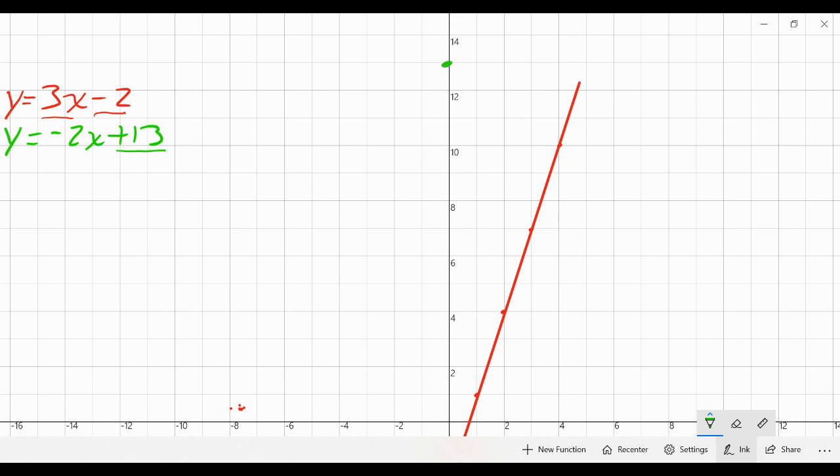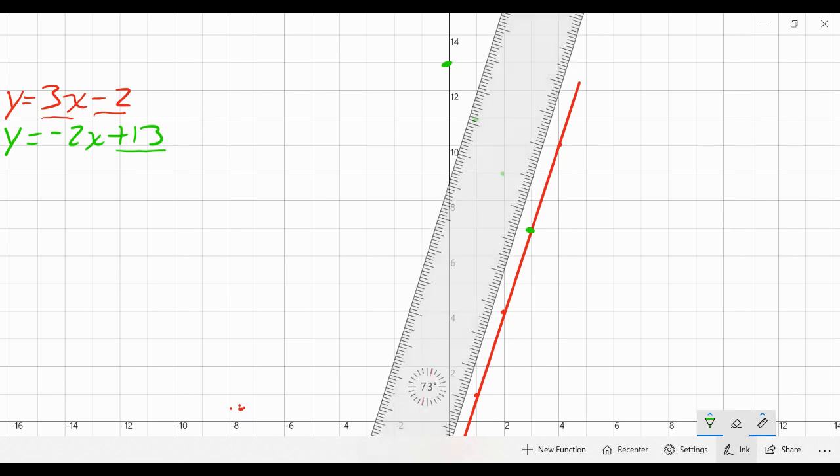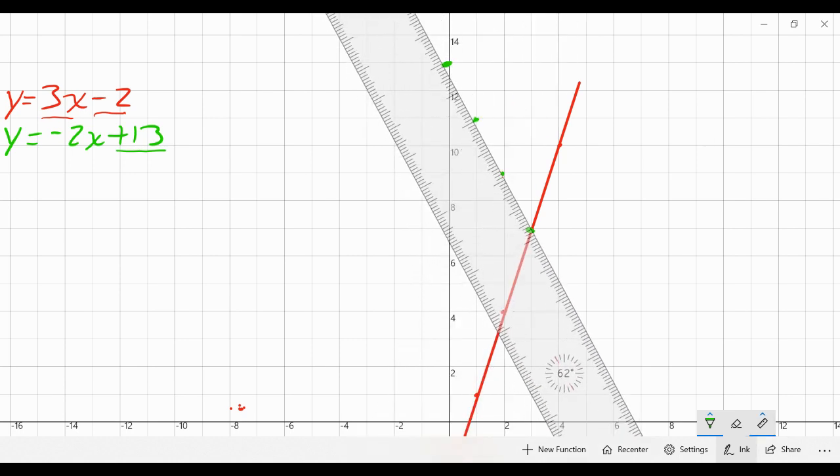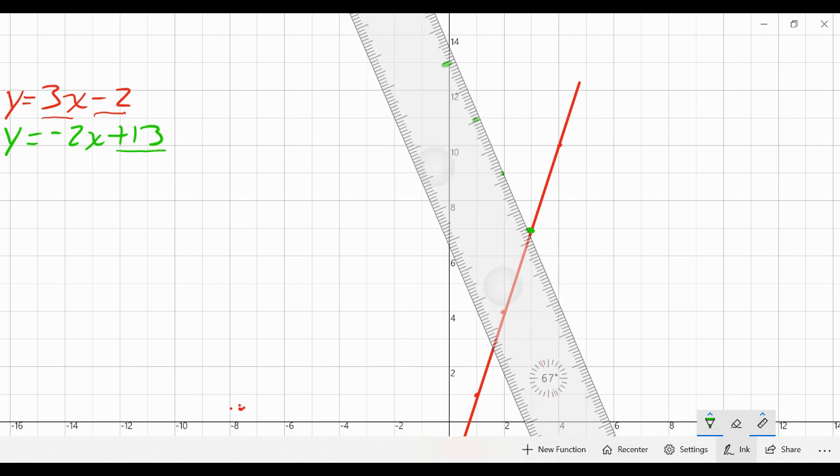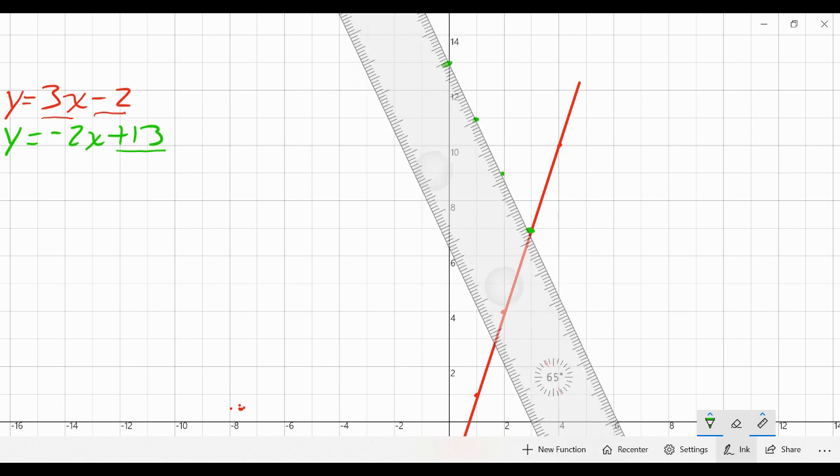Put a point. And then this is -2, so it's down 2 over 1, down 2 over 1, which puts us here. So now we'll draw a line and get the ruler out.